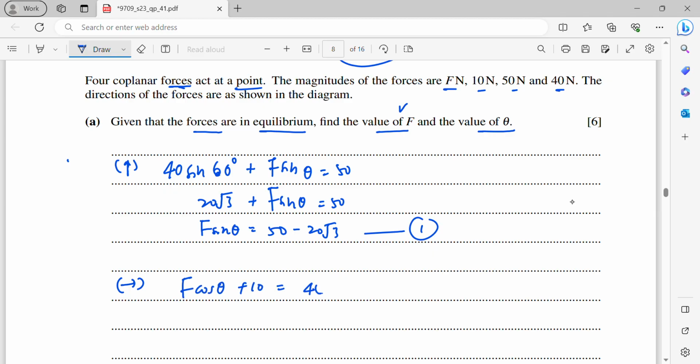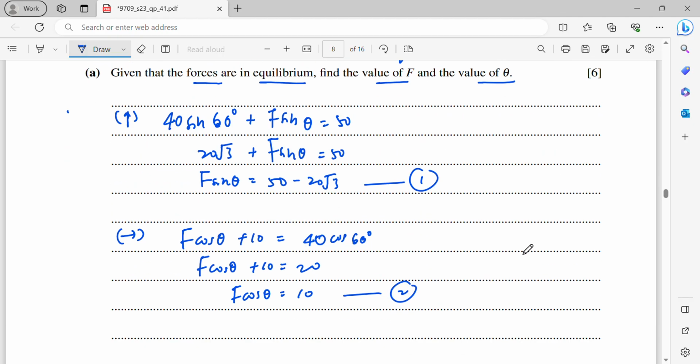Alright, so then I will get my second equation, which is F cos theta plus 10 equals 40 cos 60 degrees. So F cos theta plus 10 equals 40 cos 60 degrees, which is going to be 20. So now my F cos theta will be 20 minus 10, which is 10. So here I get two simultaneous equations to get the F and theta.